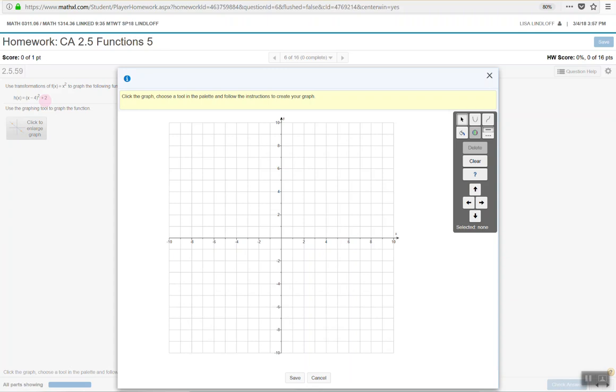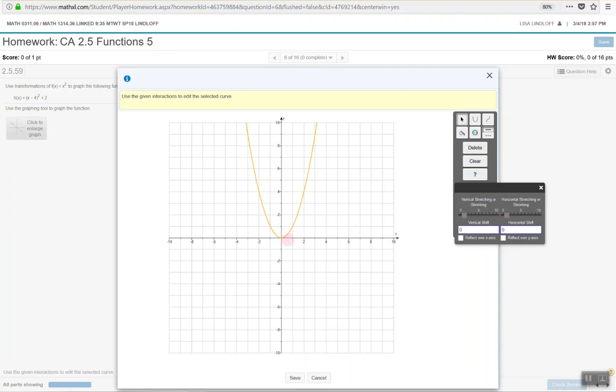This is a squaring function, so it is the U shape. The basic x squared tool has its bottom point here, and it has drawn it perfectly. All right, now look at this small thing over here. We do not have any stretches or shrinks, but we do have vertical shift and horizontal shift.